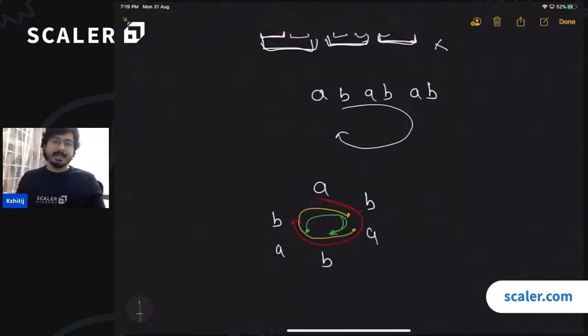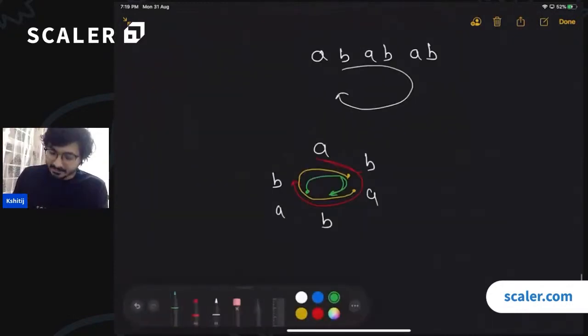If you just join the end to the start and create a circular string, currently we don't know whether the pattern is repeating or not. But if there is a pattern which is repeating, then you will find the same string again and again in that circular string. We can take another example.